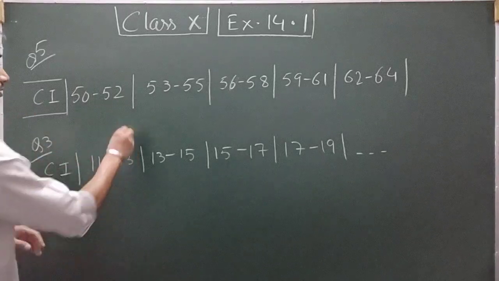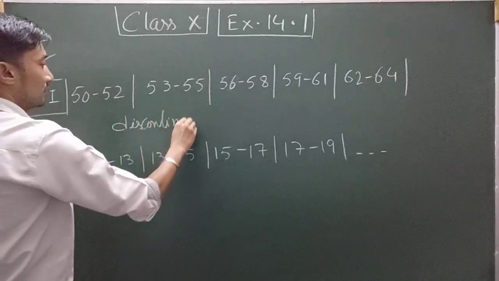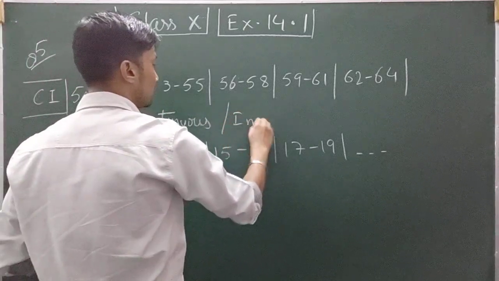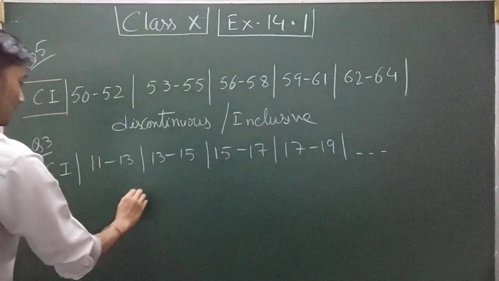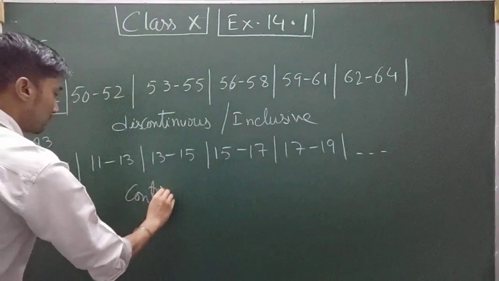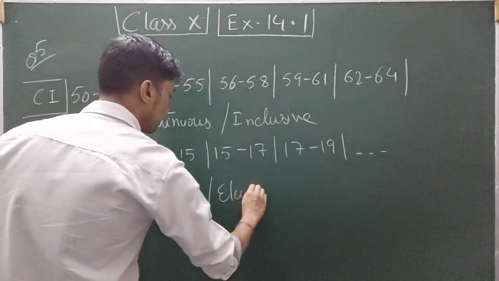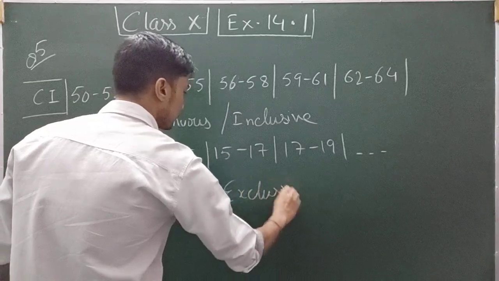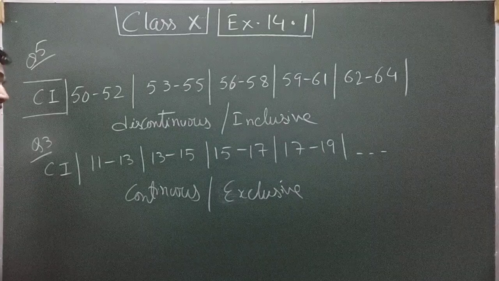This kind of table is called discontinuous, or it is called inclusive. Whereas the questions that we have been solving are called continuous, or exclusive. Why?